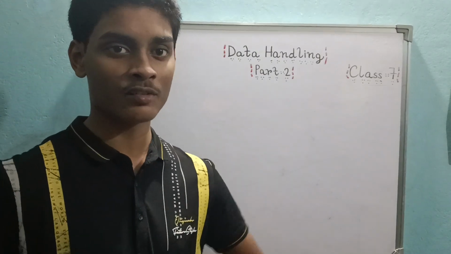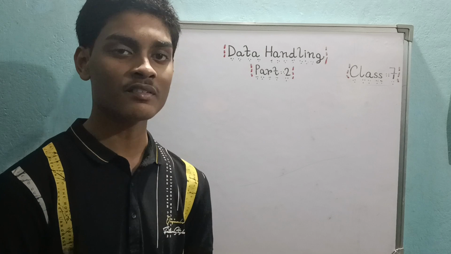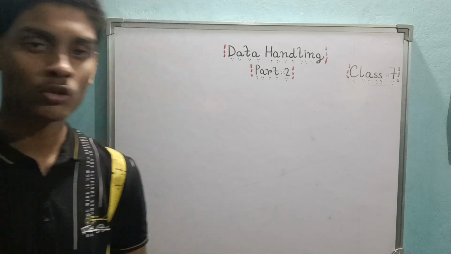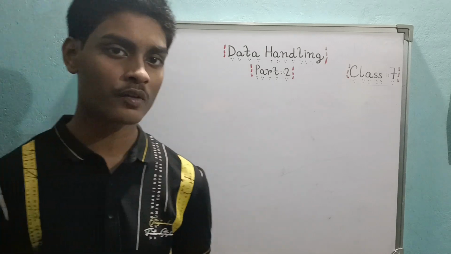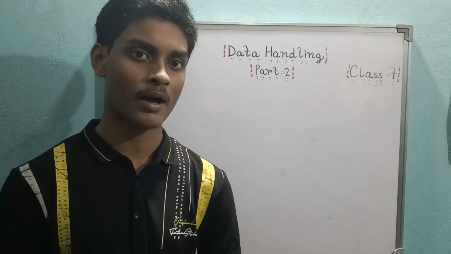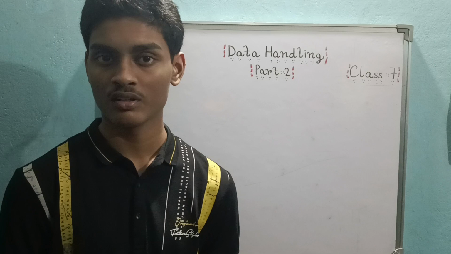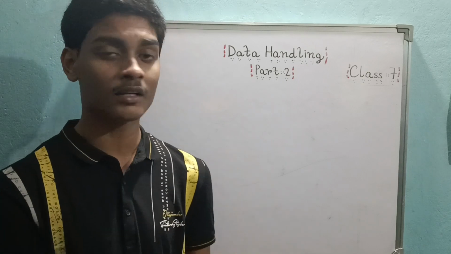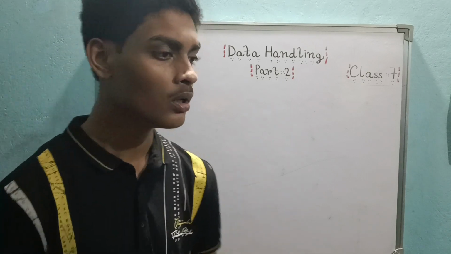What do you mean by this word mean? Let me just call it average. If you have some values given to you, add up all those values and divide by the number of values you have, that is your average. Mean is just a different term for it.